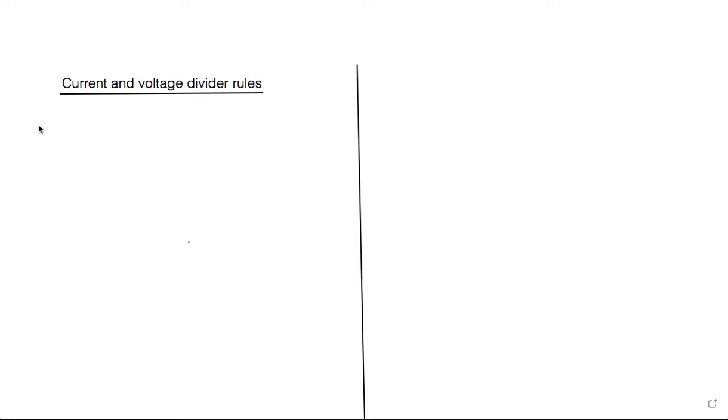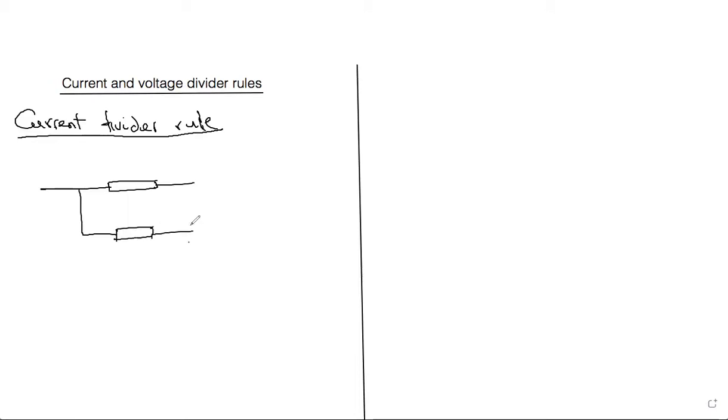Let's look at the current divider first. Current divider rule. So how do I share the current between resistors in parallel? Let's say you have these resistors in parallel.